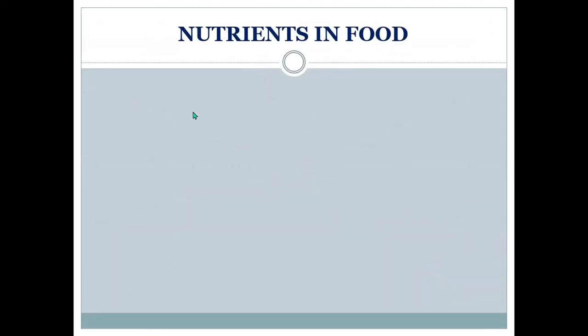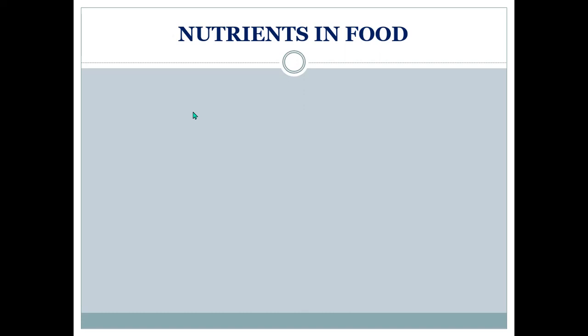Now let's see nutrients in food. We are eating different kinds of food, isn't it? Do you know why we are eating different kinds of food, children? Because if we eat only one kind of food every day, for example only rice every day, what will happen?